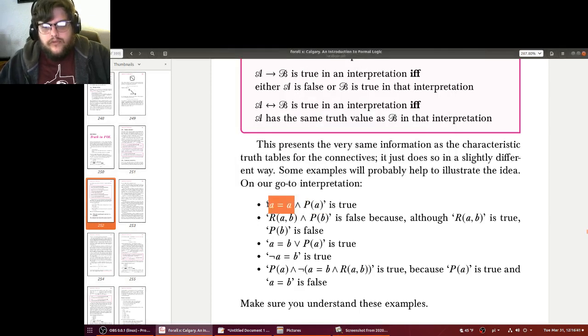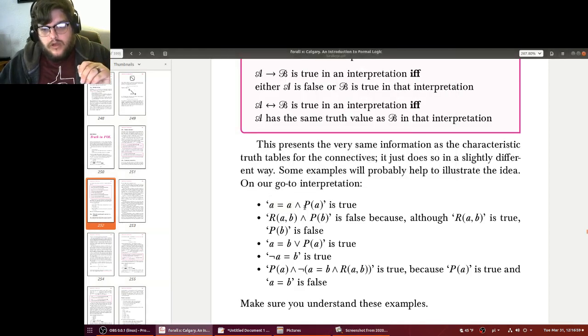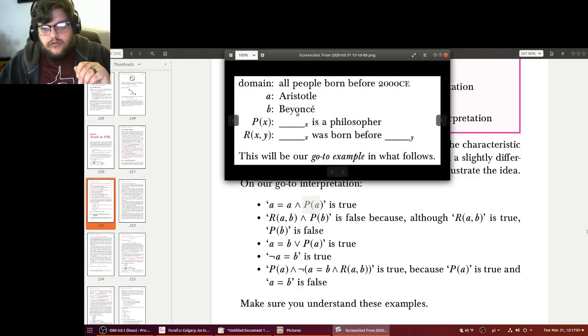Well, A equals A is true because in our interpretation, A is referring to Aristotle, and as long as the name in here is referring to the same object in the domain, that is this list of people born before the year 2000, then equality is going to be true, as from what we said earlier. P of A is true because Aristotle was a philosopher.